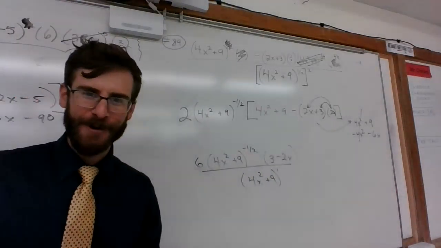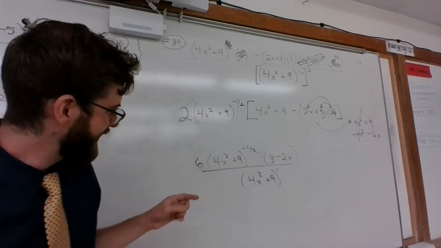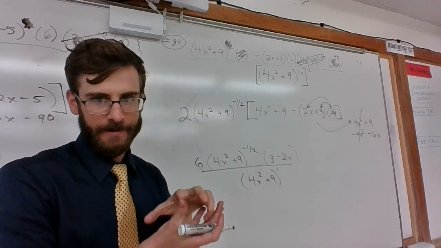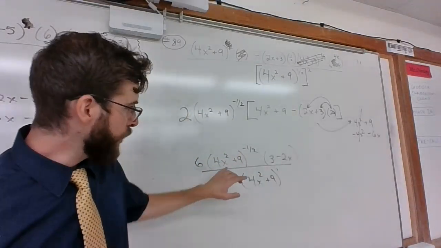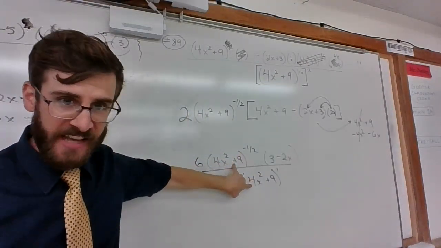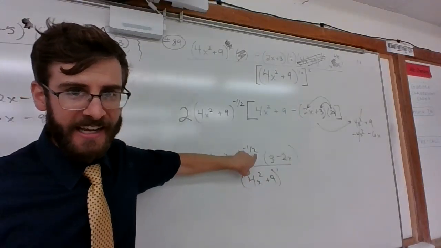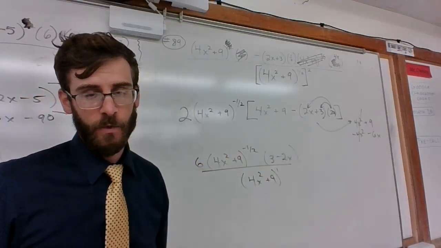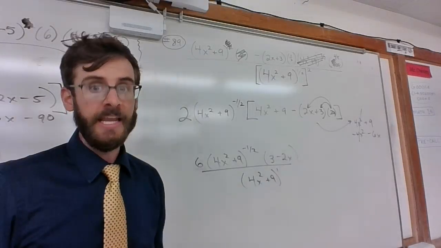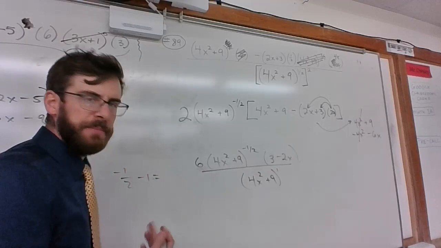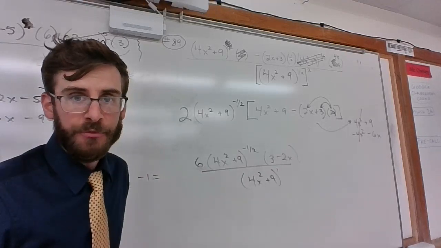And then here's the great part. There's still one more move to make. This power and this power can consolidate. Because again, if you are dividing powers with the same base, it's just like subtraction. So you're going to take negative a half minus 1. It comes out to be negative 1.5 or negative 3 halves.